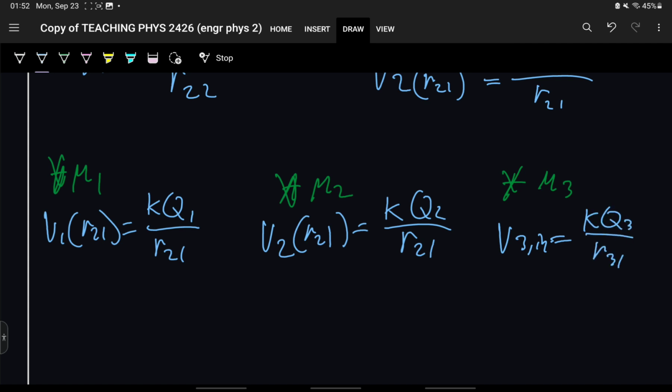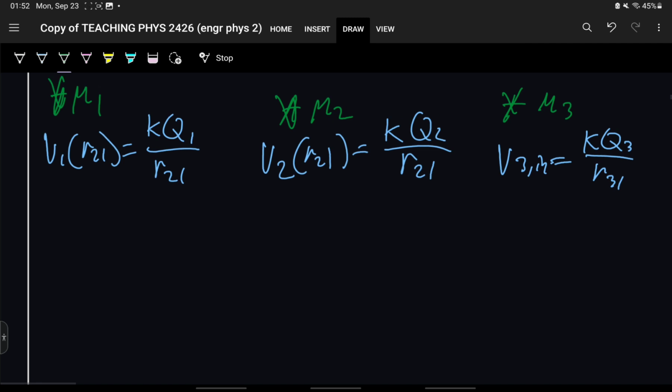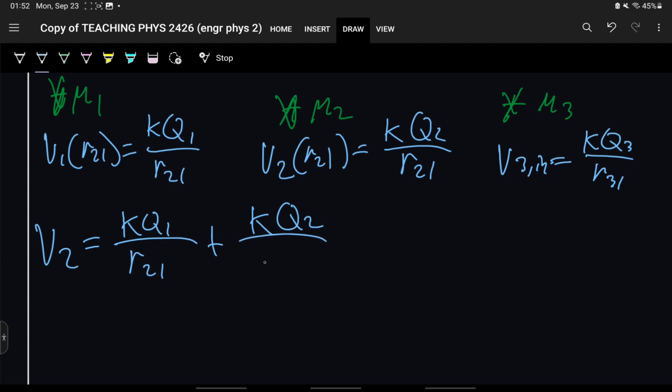To combine these, the total potential at the inner surface of M2, which is radius R2,1, is going to be V2. It should be capital V2, by the way. All of these should be capital V's. V2 is equal to K times Q1 all over R2,1 plus K times Q2 all over R2,1 plus K times Q3 all over R3,1.